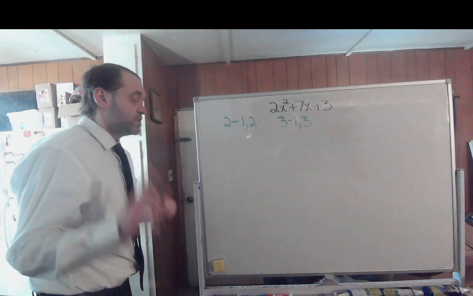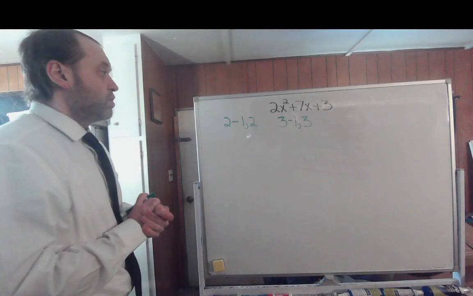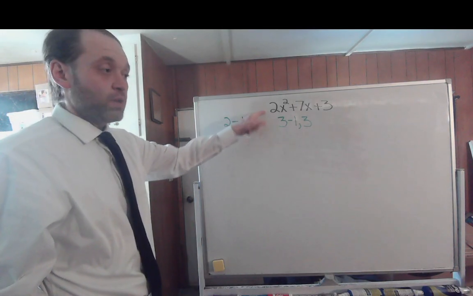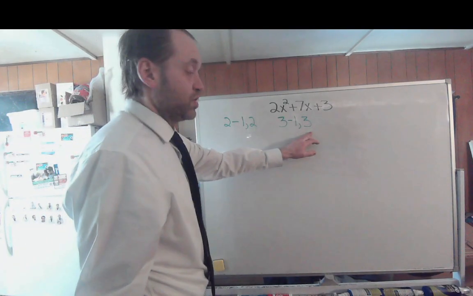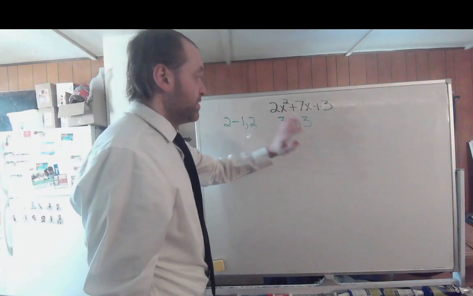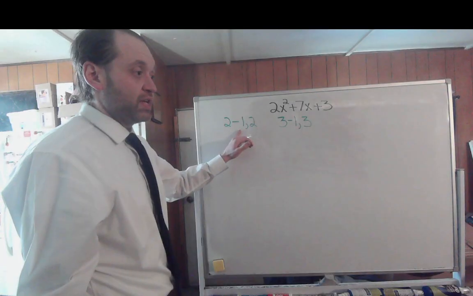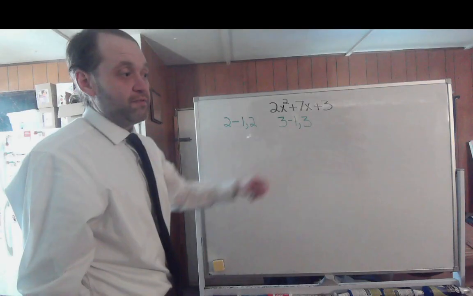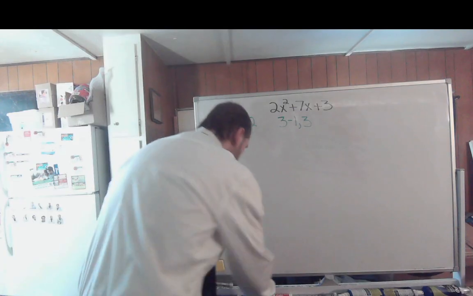Next thing you need to do, you're going to take one factor from the x squared term, multiply it by another factor on the constant term, and then add it to the other factor on the x squared term multiplied by the other remaining factor on the constant term. So what I mean by this, okay?